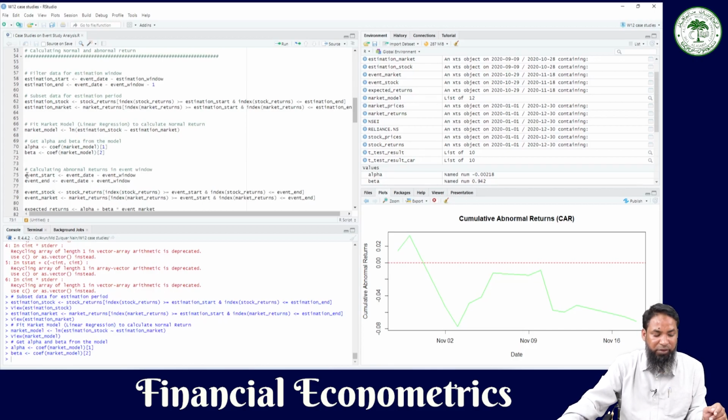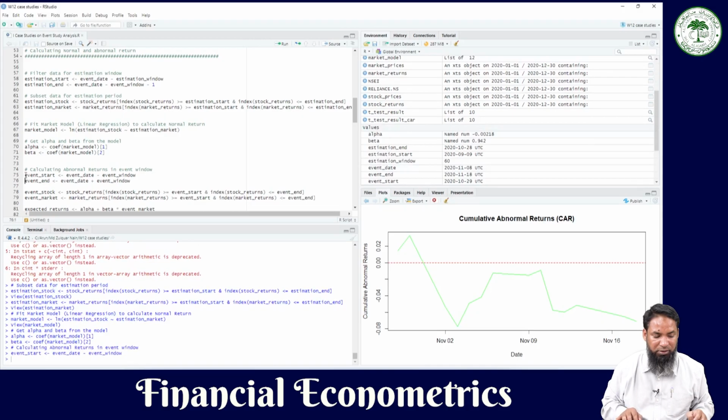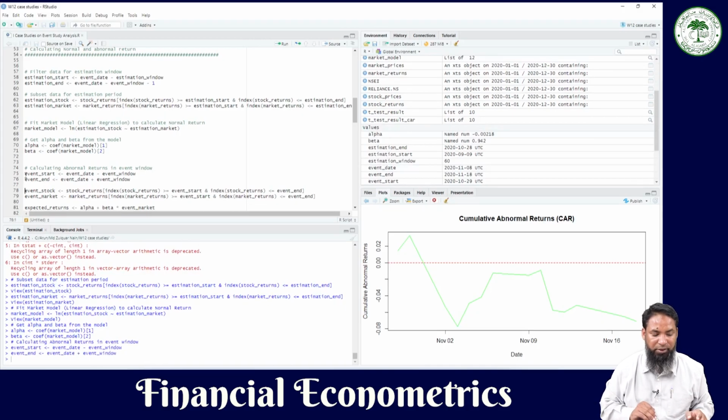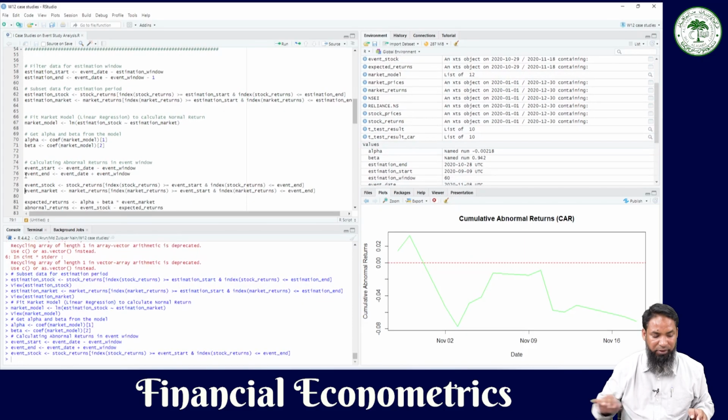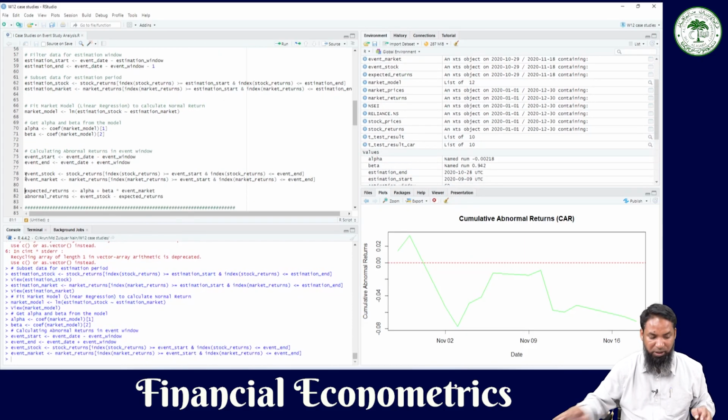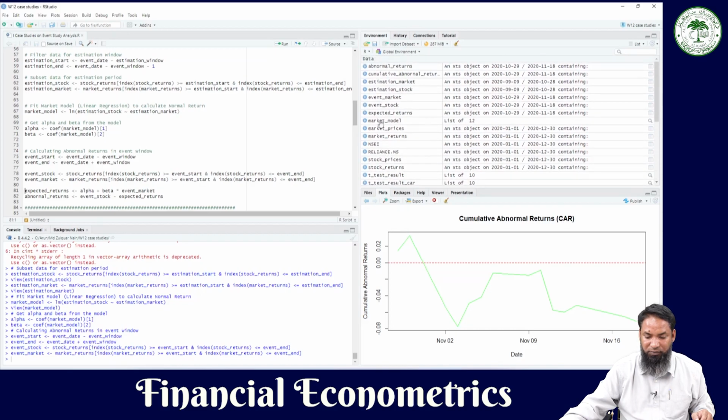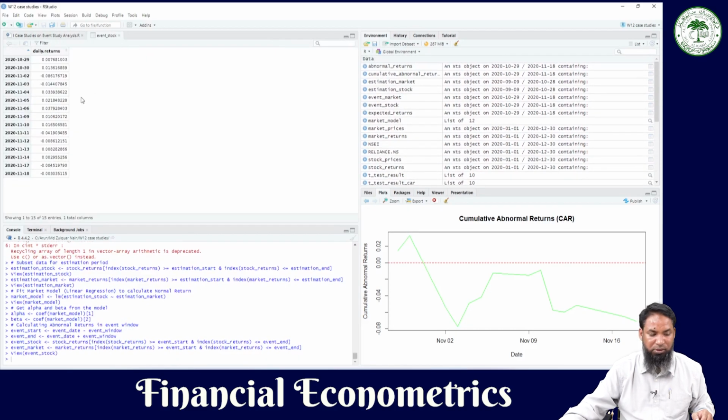To calculate the abnormal return, we use the event window. So here we are putting the starting date and the ending date for the event. Then again we create the event stock and event market. So let us say the event stock here. This is the window; we are taking a 10 day window for the event stock.